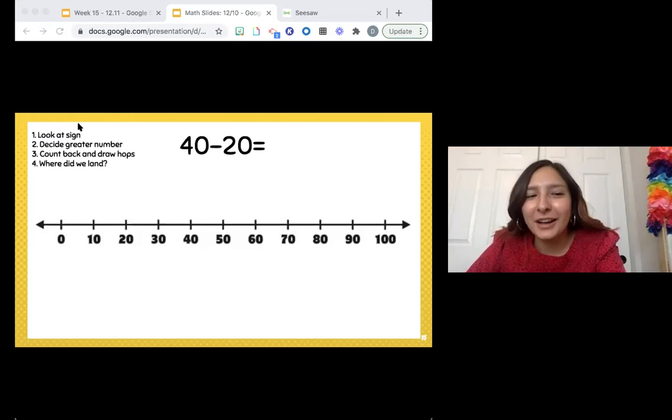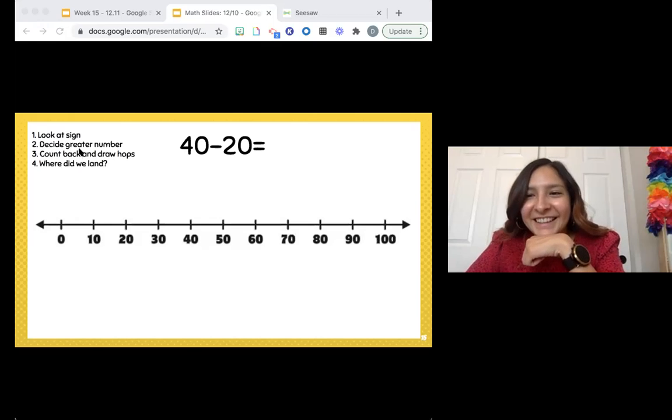Okay, can you walk us through the steps? First, I looked at the sign, which was a subtracting sign, minus. Okay, so you're going to be counting back. Awesome. Second, I know that we can't subtract 24 times, because it would get to like negative 100 or something.